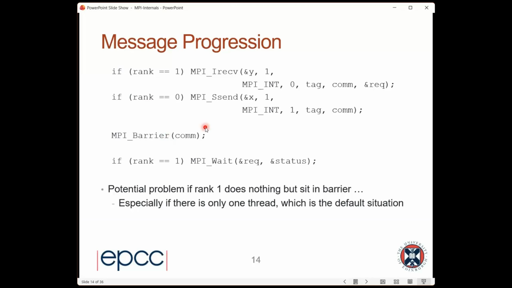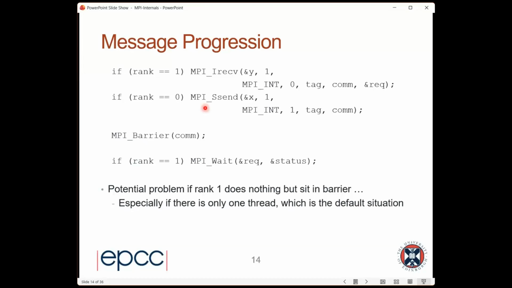Let's imagine some time later, rank 0 issues a synchronous send to rank 1. Rank 0 is sitting there, and it will not progress until the receive is matched.